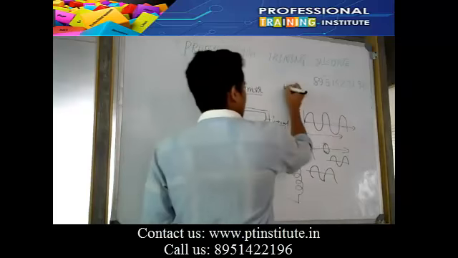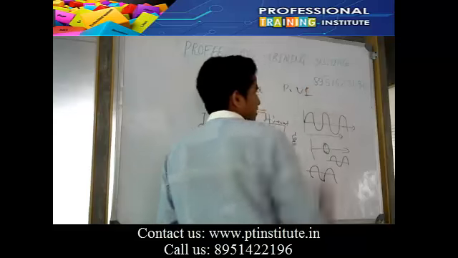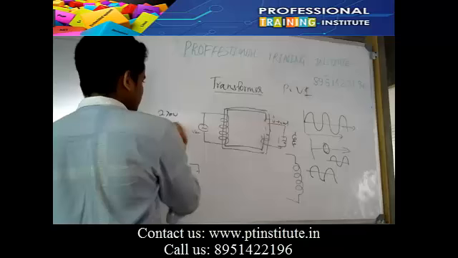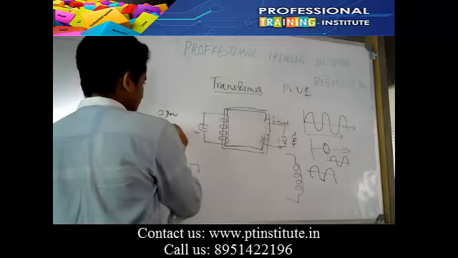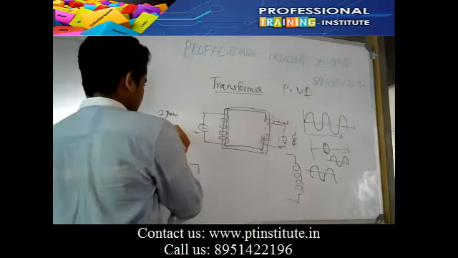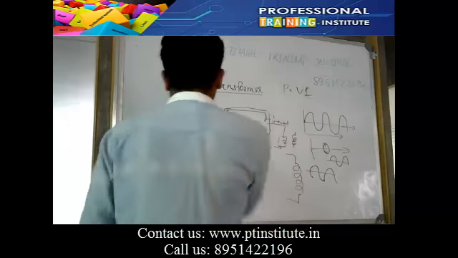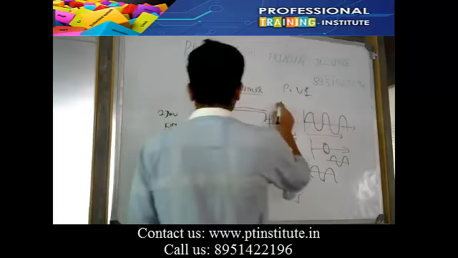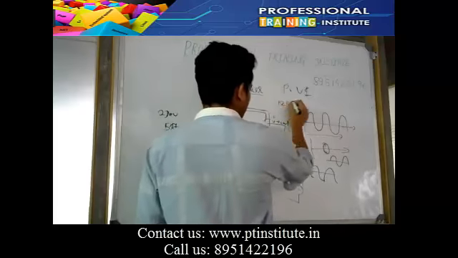Power is equal to VI. If I am applying 230 volt here and the current is 5 ampere, then the output here I am getting 12 volt.